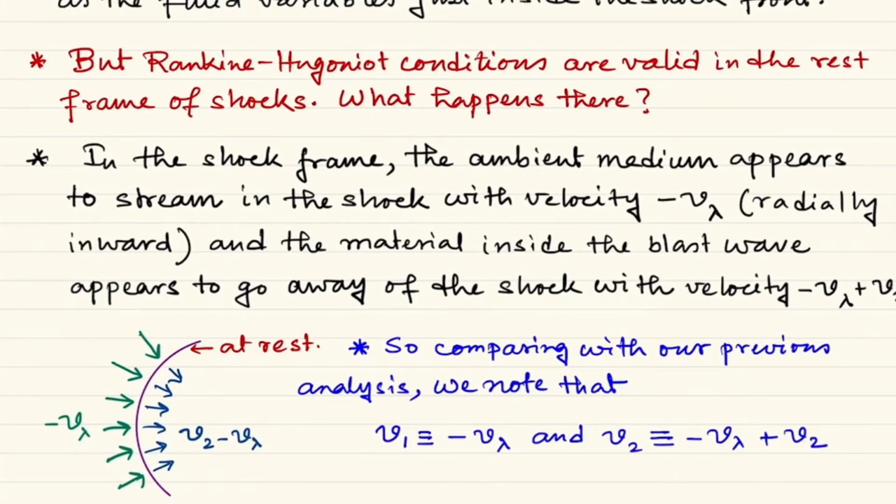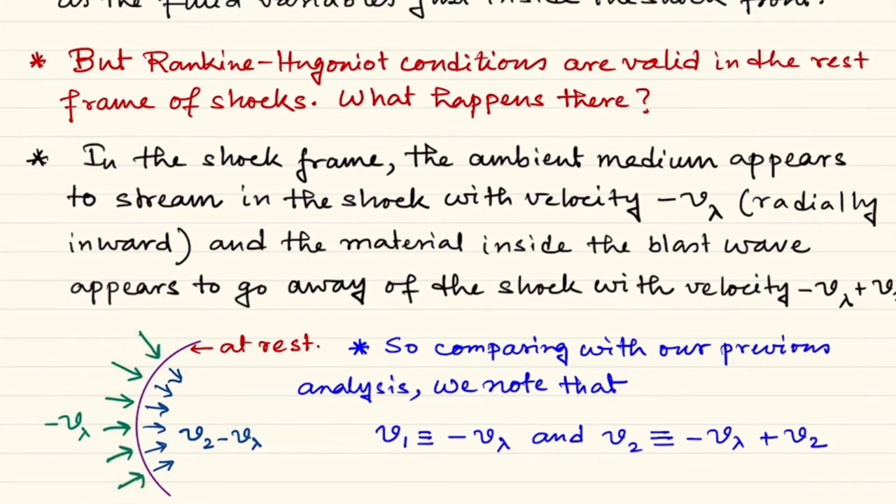Well, when you place yourself on this shock, the shock is at rest for you, and because the shock is expanding outwards radially with respect to the center of explosion, the ambient medium would appear to approach the shock with a velocity minus v lambda, as simple as that.